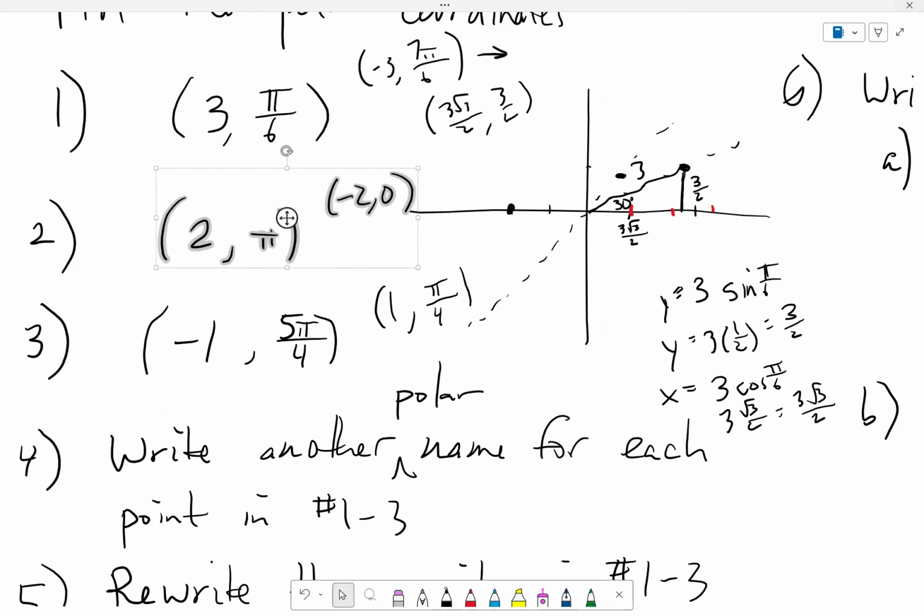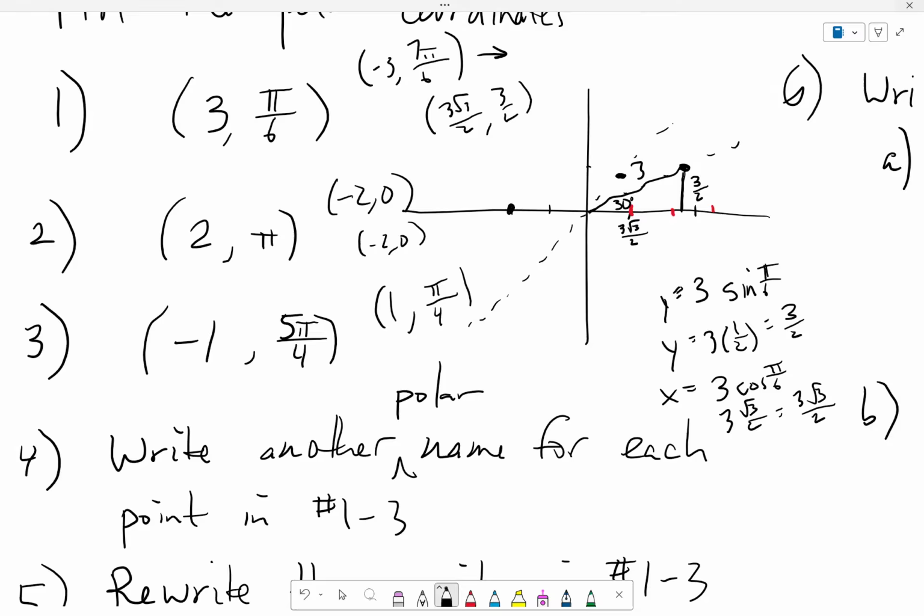I found the angle. The theta times r and sine theta. And you got -2, 0. Okay, thank you. Nice. So r, okay, perfect.